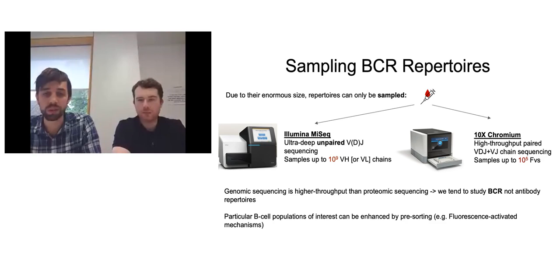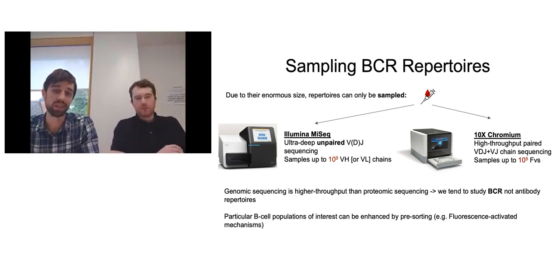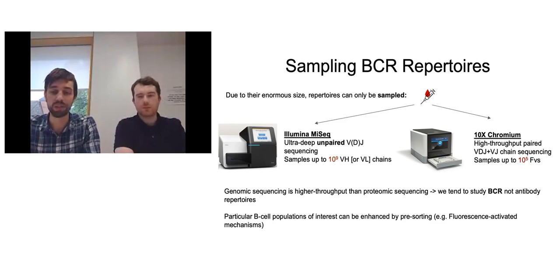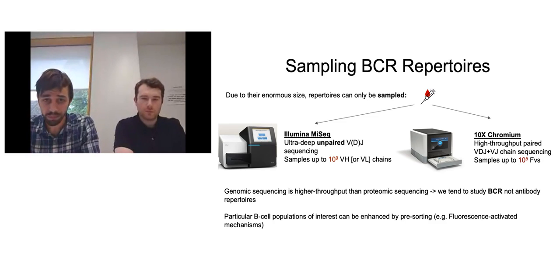So we get the sequence of the heavy chain variable domain, and we get lots of them, up to about 10 to the 9. So we can get a very good sample of what one of the chains looks like. And we tend to go for the heavy chain because it's encoded over a VDJ combination region, so there's additional diversity, and often this follows through to a better capturing of the specificity of the antibody.